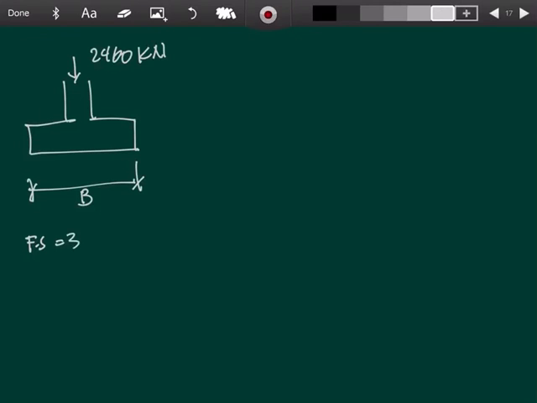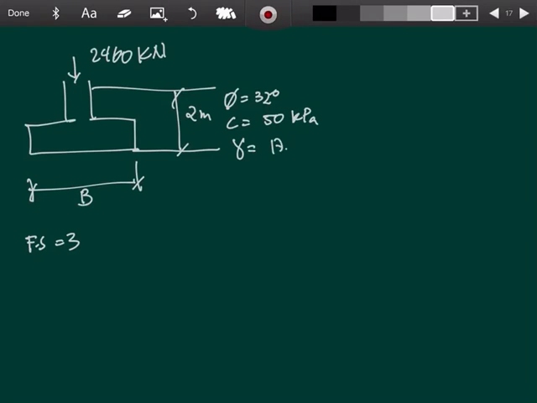Okay, so etong ating footing ay nasa depth na 2 meters. And ang ating angle of friction is 32. Cohesion is 50 kPa. And ang ating gamma is 17.25 kilonewton per meter cube.